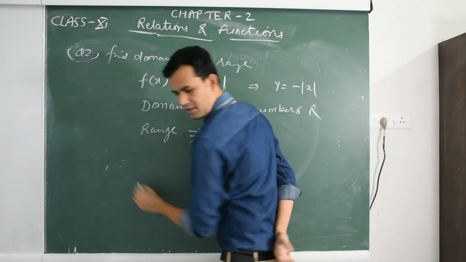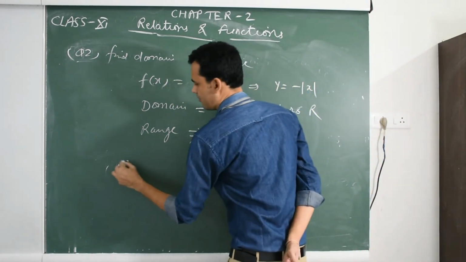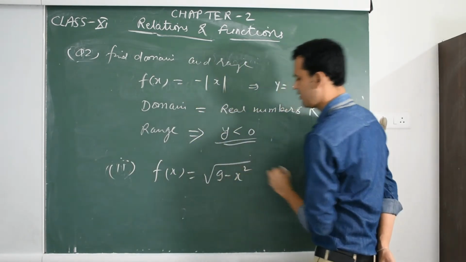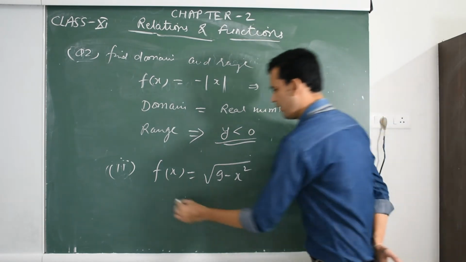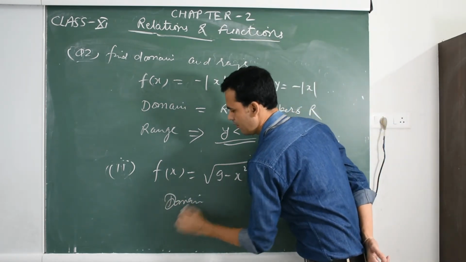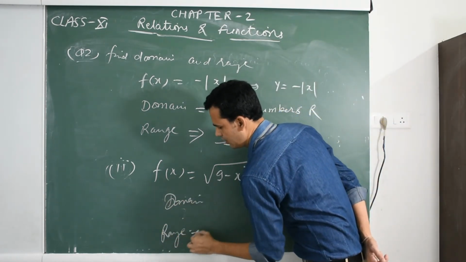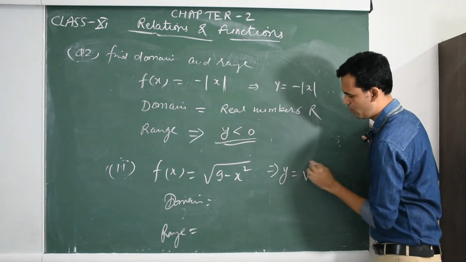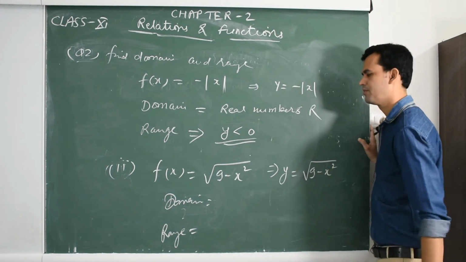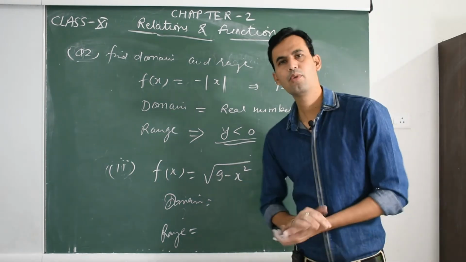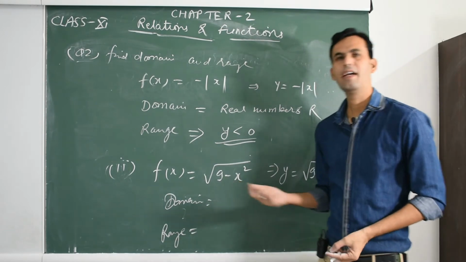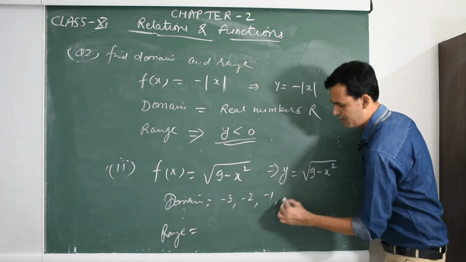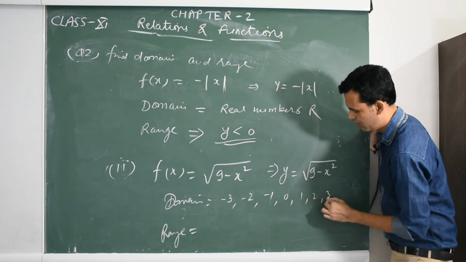Okay. Next is second, f(x) equals root of 9 minus x square. Okay, we have to find the domain and range of this function. We write it as y equals root of 9 minus x square. So what values of x do we put here? We put values of x as minus 3, minus 2, minus 1, 0, 1, 2 and 3.